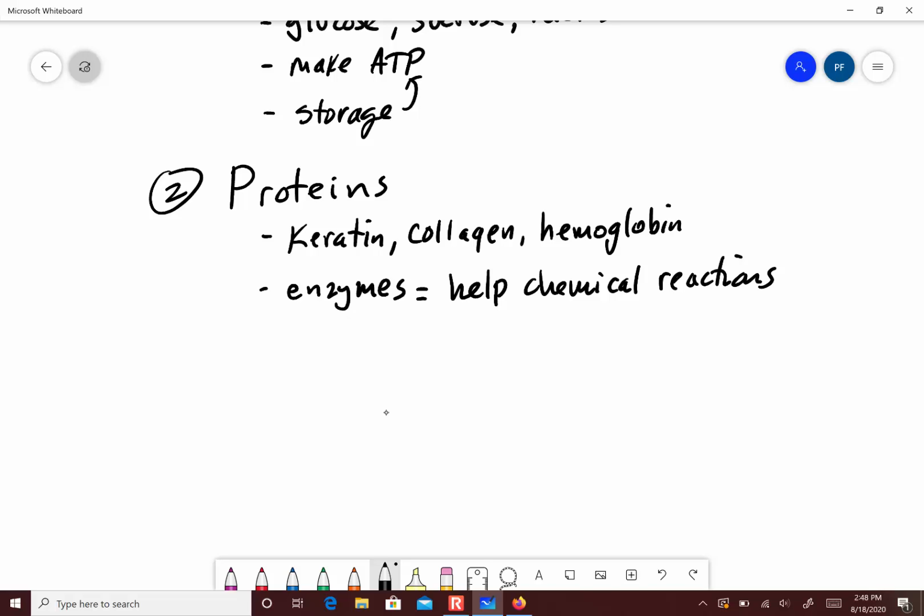The metabolism in your body, how the cells in your body use chemicals, those are all the chemical reactions, and enzymes are used to help all those things. So proteins can function as enzymes, and then there's a lot of them that are for structure and support. Like collagen, for example, it's probably the most important one in your body for structure and support.